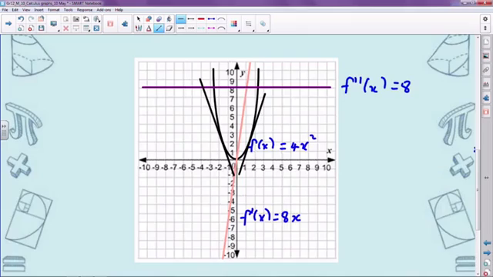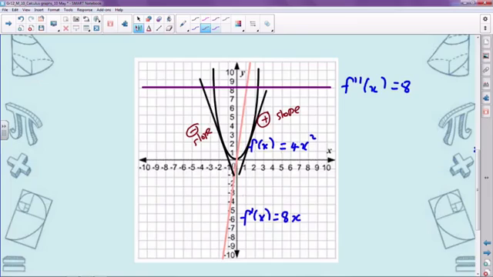Similarly, if I draw tangents to the right of 0, I see that I have a positive slope. Tangents drawn to the left of 0 will have a negative slope. Tangents drawn to the right of 0 will have a positive slope. The positive slope tells me that the graph f of x is increasing for x greater than 0.